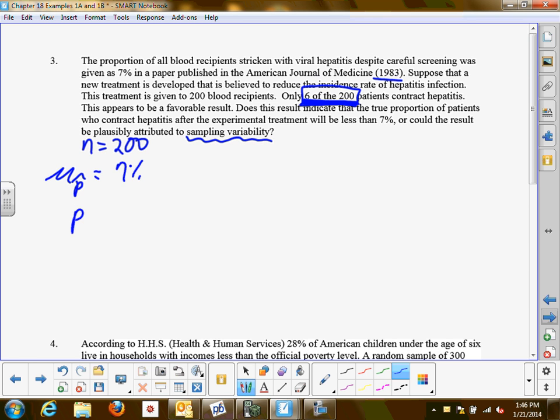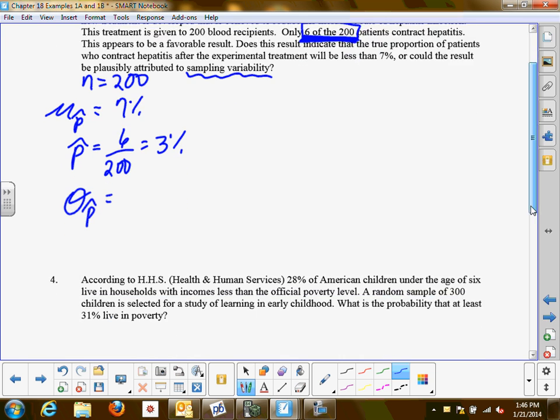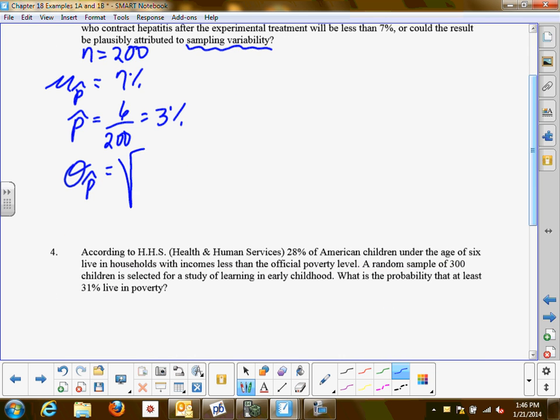P hat, the data we collected, was 6 over 200, which is 3%. Now, the standard deviation for the sampling distribution is the square root of 0.07 times 0.93 over 200. And that number is 0.01804.